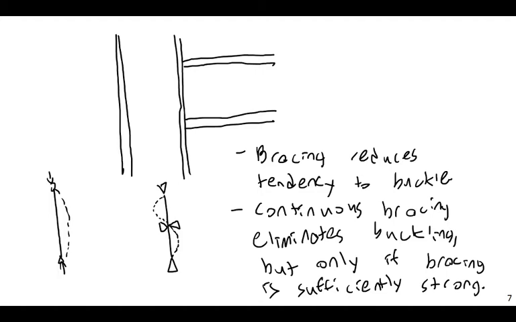So, for example, if I have a huge W36 really strong A992 steel column and I connect to it this tiny little baby 3-inch angle, well, I'm really not going to be able to say that's fully braced at that location. Or obviously, in the even more extreme case, if I were to attach a tiny 2x4 to the side of it, that's really not serving as adequate bracing at that point.